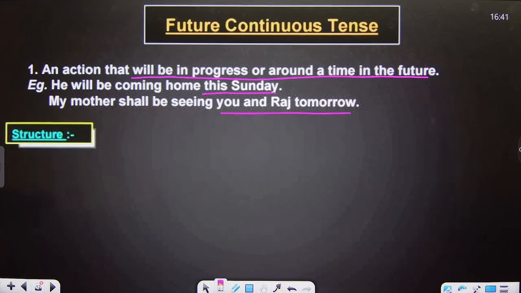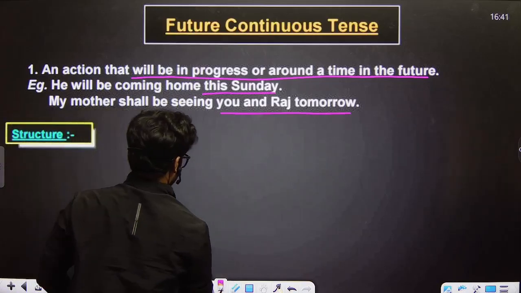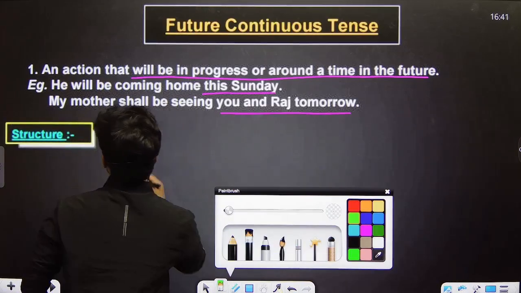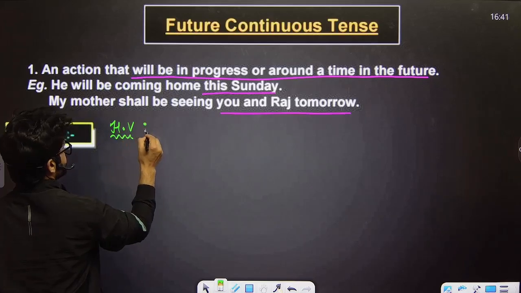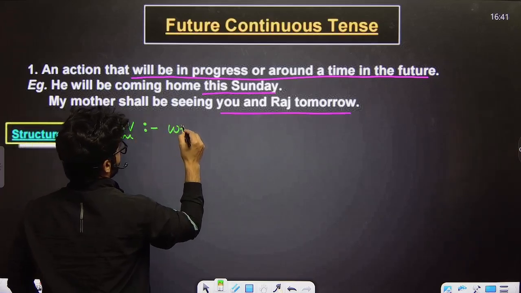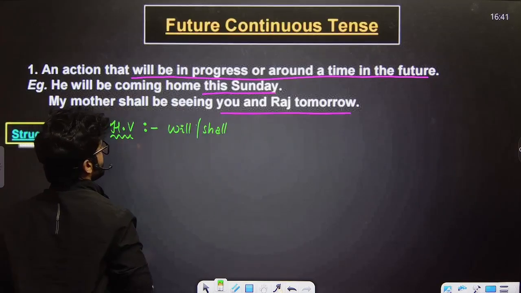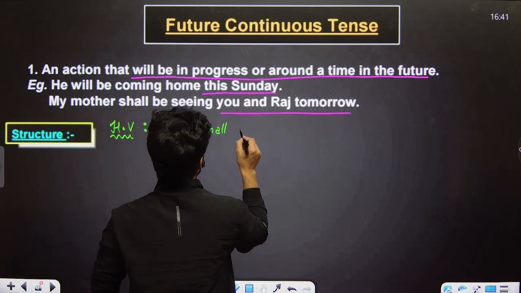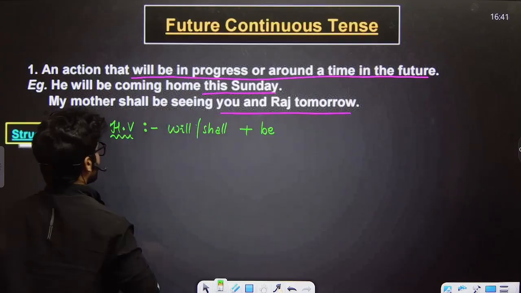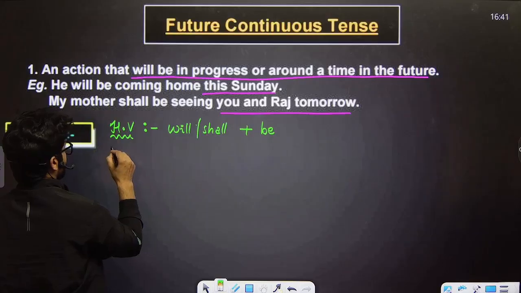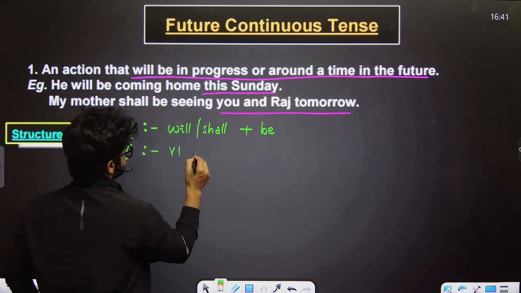What are the helping verbs here? Since this is continuous, the helping verb will be will, shall. With that, what will you have? Be. It is the continuous form. Will be, shall be, and the main verb will be verb 1 with ing.